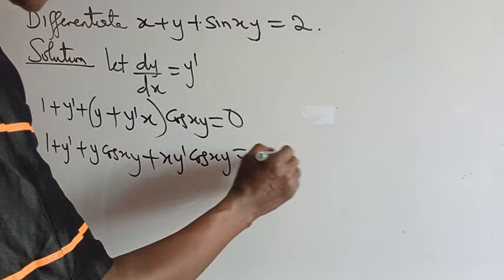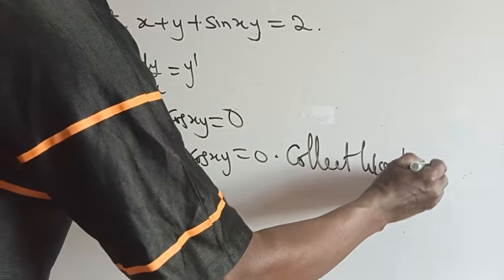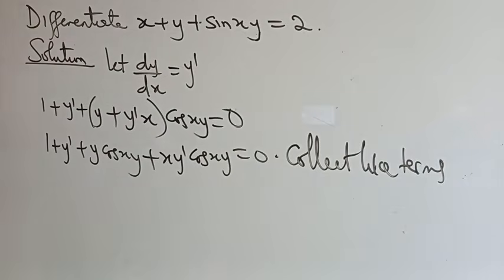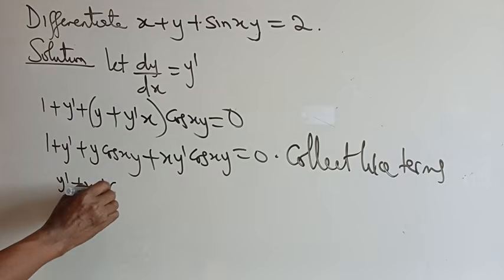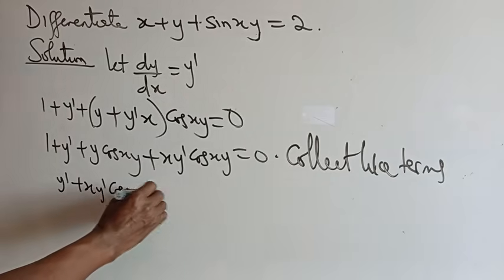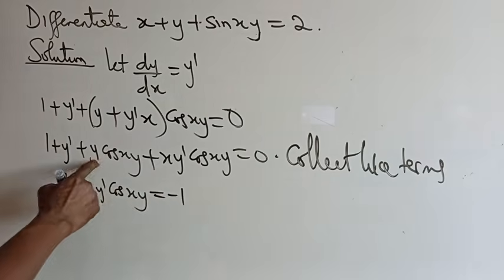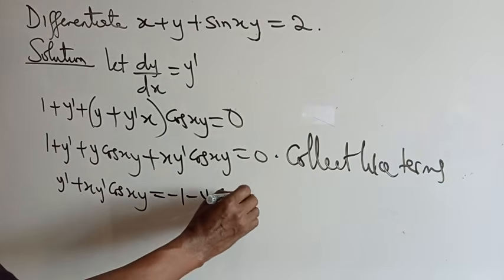So we collect like terms. The terms that have y prime, let's bring them together: y prime plus xy prime cos xy. That is equal to minus 1, going to the other side, minus y cos xy.